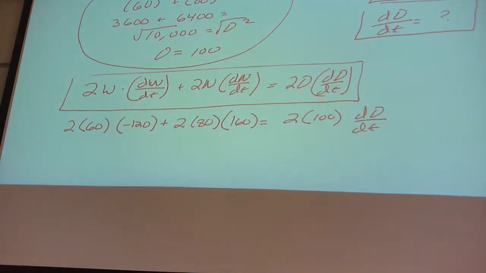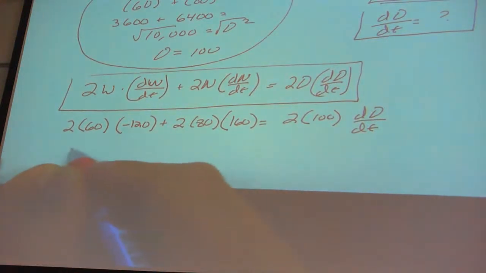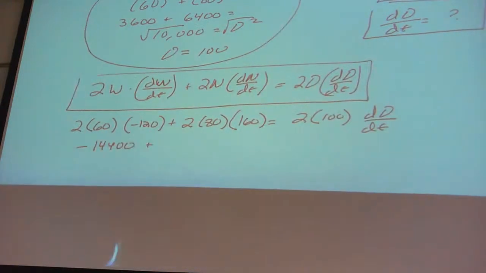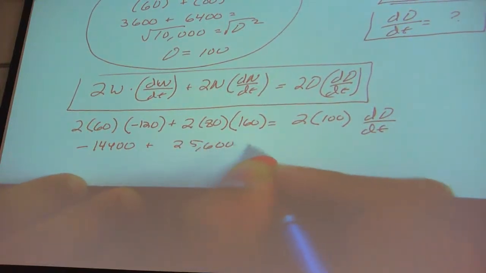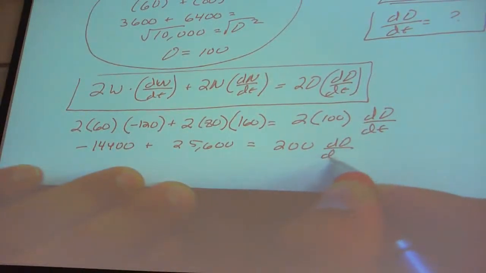We get so far, cleaning it up, 2 times 60 times negative 120, negative 14,400. 2 times 80 times 160, 25,600. 200 dD over dt.